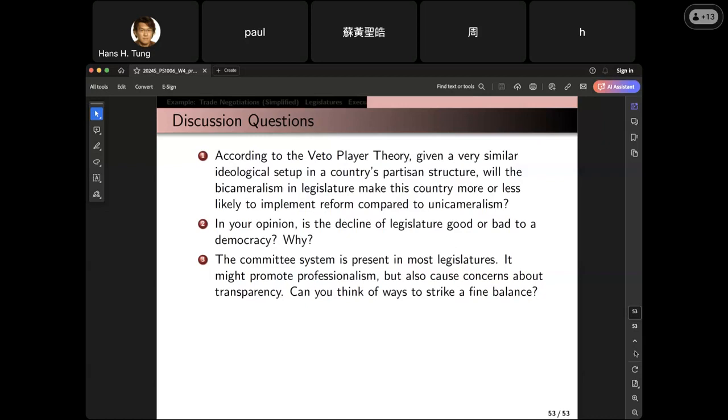Right. So the suggestion is they should just publish or live stream what's happening inside the committee. Well, that's what we do now, actually. If you have time, I would encourage you to watch the live streaming of all the committees here in the Taiwanese legislature, because it's not just interesting but pretty funny to watch.